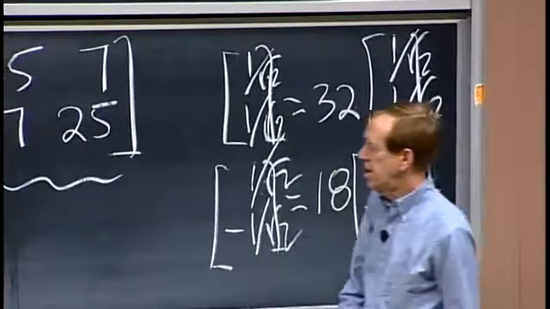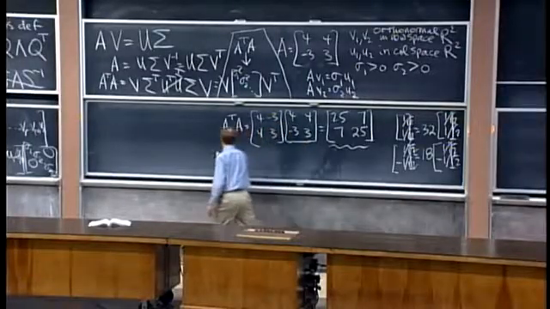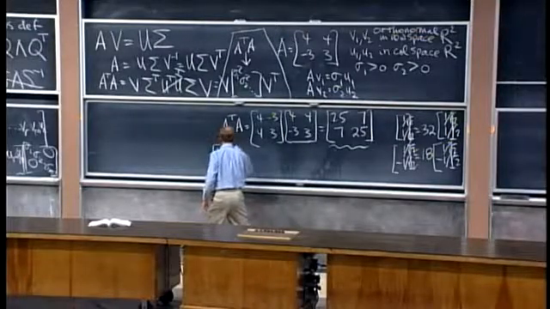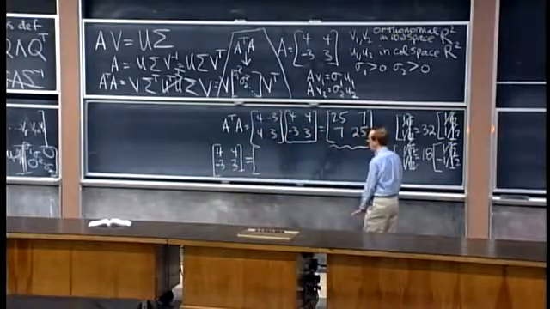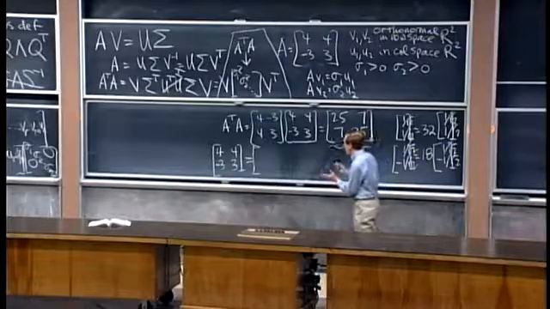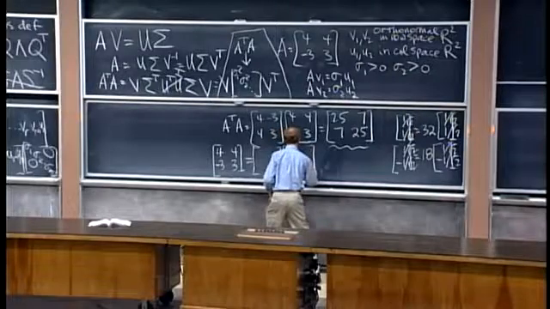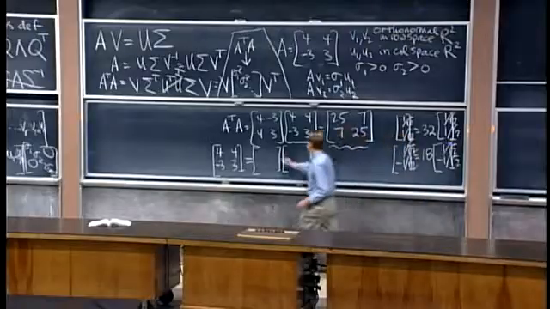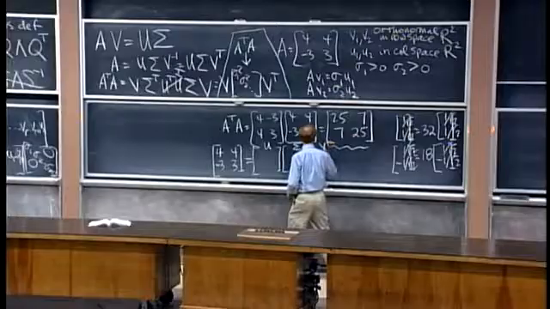Here are the V's. So now let me put together the pieces here. Here's my A. Let me write down A again. If life is right, we should get U, which I don't yet know, sigma, which I do now know, and V transpose. So I'm looking for U sigma V transpose. U, the diagonal guy, and V transpose.